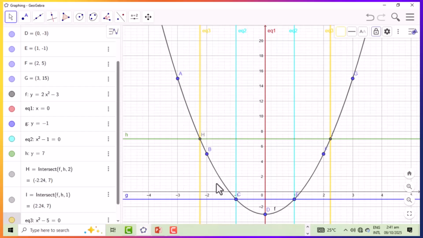We were also asked to find the roots of the equation x equals root 5, which was the green line, after comparing the equation to the given relation, and these yellow lines intersect the line and then the curve at this point, connecting to the x-axis.